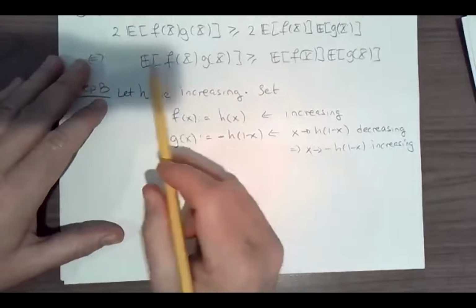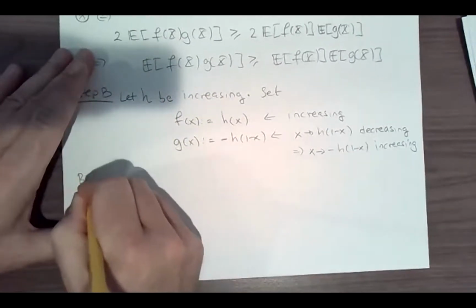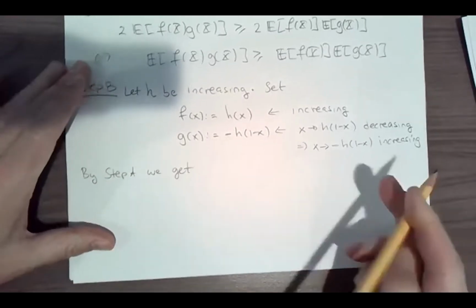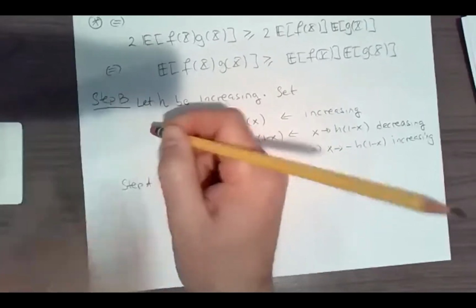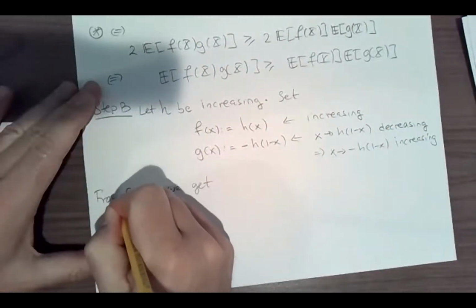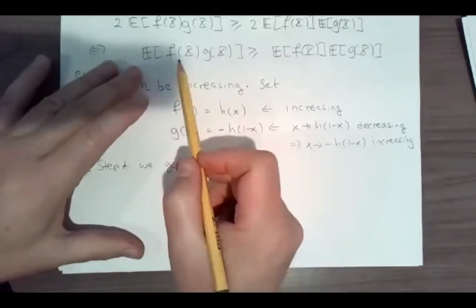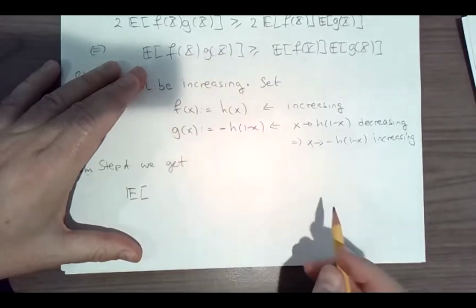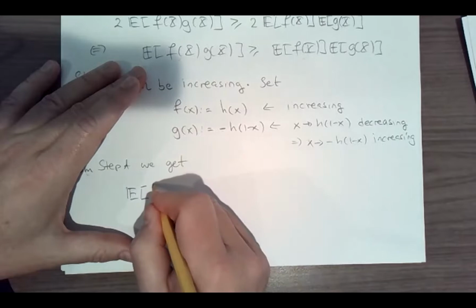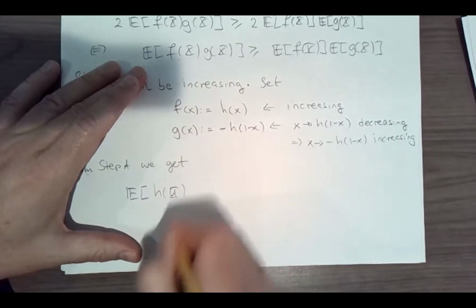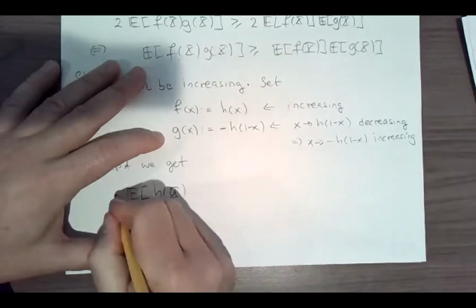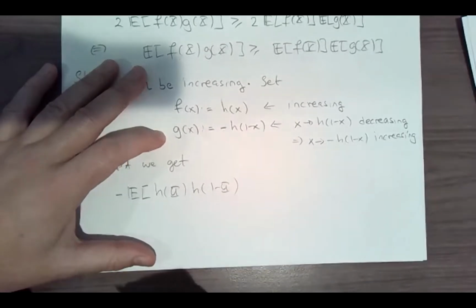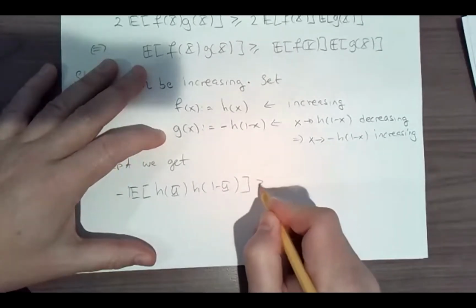So I have my two functions, and I can use step A. From step A, what do we get? Well, we get the inequality that says the expectation of f times g, so that's going to be h of u times, with a minus sign, h of 1 minus u, is going to dominate.